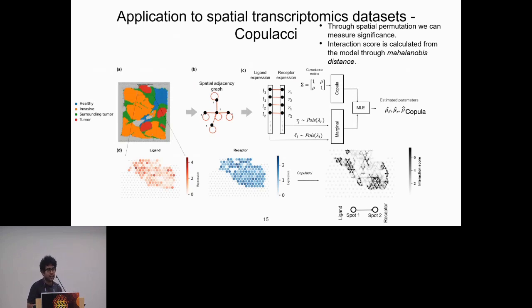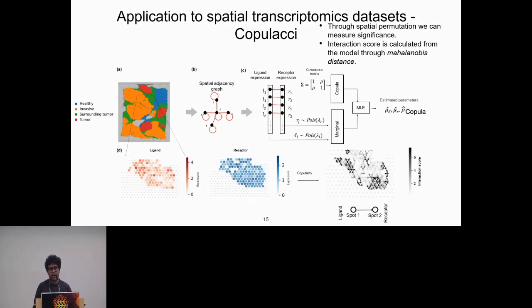This is the simplest version of copula that we can apply in ligand-receptor interactions. For example, in case of spatial data set, what one can do is that they can make a spatial proximity graph, and within the spatial proximity graph, the ligands and receptors interact pairwise when they are in spatial proximity.